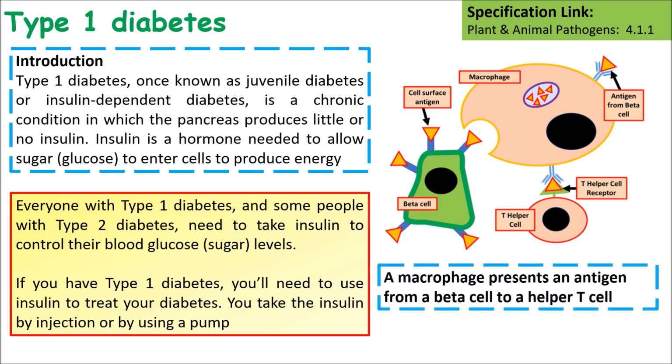So if we have a quick look at how this occurs, the first thing that happens is a macrophage or a dendritic cell or another cell that's looking for antigens presents an antigen from the beta cell, the beta cell in the islets of Langerhans, to a T helper cell. The macrophage has accidentally broken down one of the beta cells and it's now presenting one of the beta cell's antigens just like it would an antigen from a pathogen.